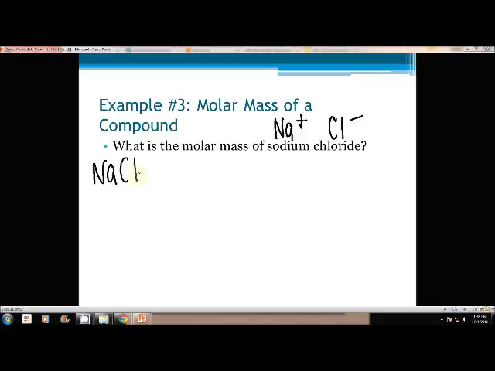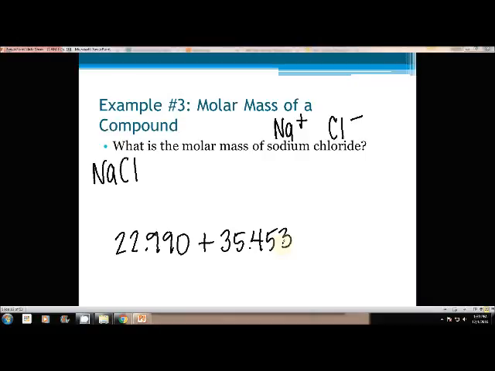Now to find the molar mass, we have to look up the numbers for each of these elements and add them together. Can somebody tell me what the atomic mass number for sodium is? 22.990? Okay. And then what's the number for chlorine? 35.453. Who is completely lost and doesn't know where those numbers came from?